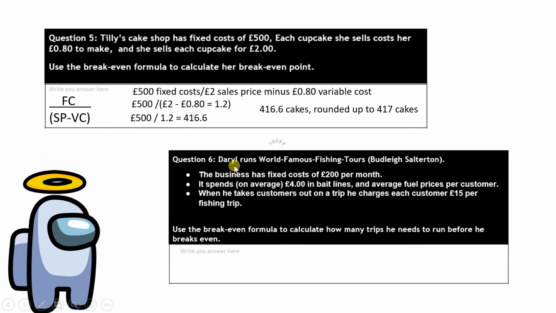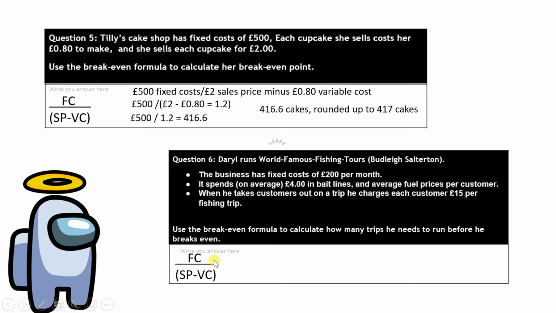Question 6, Daryl and the world-famous fishing tours. Now, the information you need in the question is the £200 fixed cost. He spends £4 on bait and line, so that's a cost to him. And he charges his customers £15 for a fishing trip, so that's his sales price.